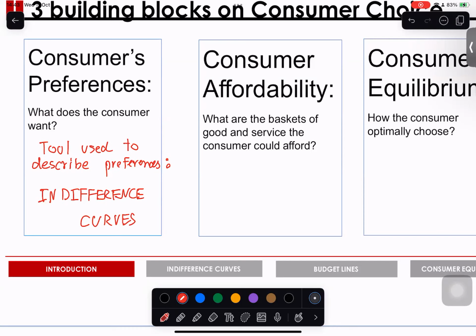Regard this as a tool, เครื่องมือ, to understand people's preference. That's the first room dealing with this question: what does the consumer want?